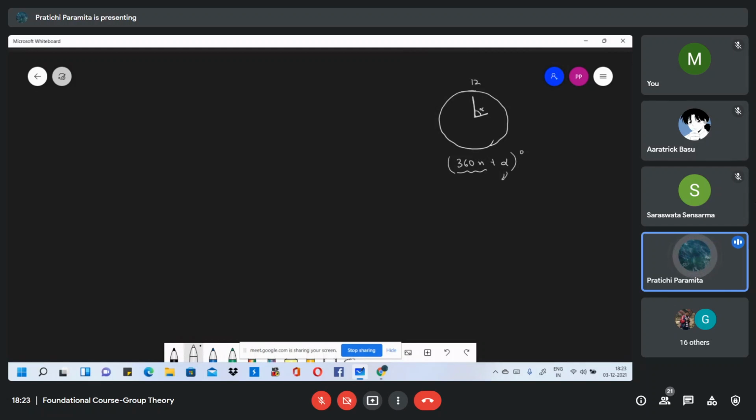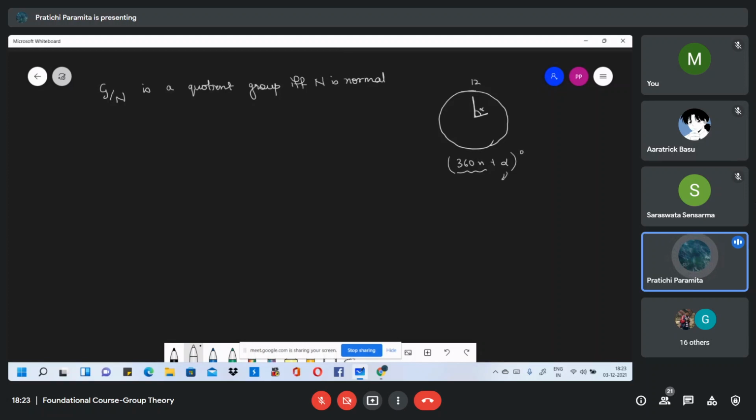So I come back to my claim that the set of left cosets will form a group if and only if the subgroup that we have taken is a normal subgroup. So G mod N is a quotient group if and only if N is normal.